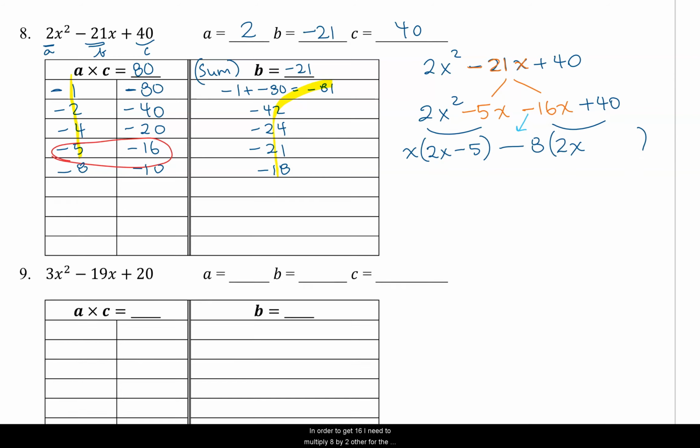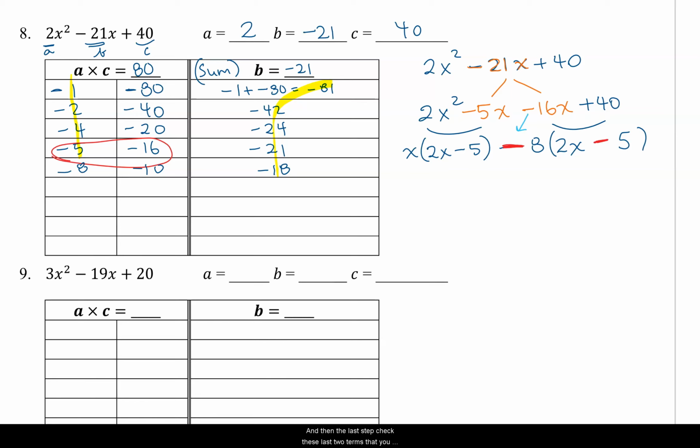And then for the 40, 8 times 5 is 40. Out here's a negative. I've got a negative 8. And I've got to say negative 8 times 5 is positive 40? No. Negative 8 times negative 5 is positive 40. So I just need to double check my signs. Negative 8 times negative 5, positive 40. That's going to work out for me.